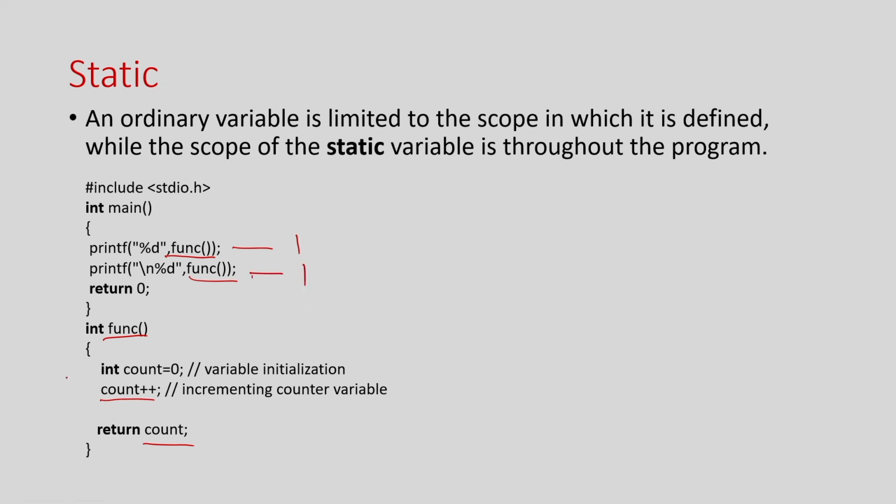Now if you make it static int, what happens? For the first call, count is initialized to 0, then count becomes 1 and it returns count, so it prints 1. For the next call it won't execute the initialization, because it is only initialized once.